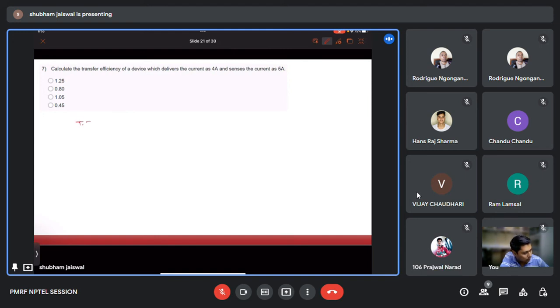The transfer efficiency is given by information delivered by information sensed. Here the information delivered is given as 4 ampere and information sensed is 5 ampere, so it comes out to be 0.8. The correct answer is 0.80. Okay. So moving to our next question.